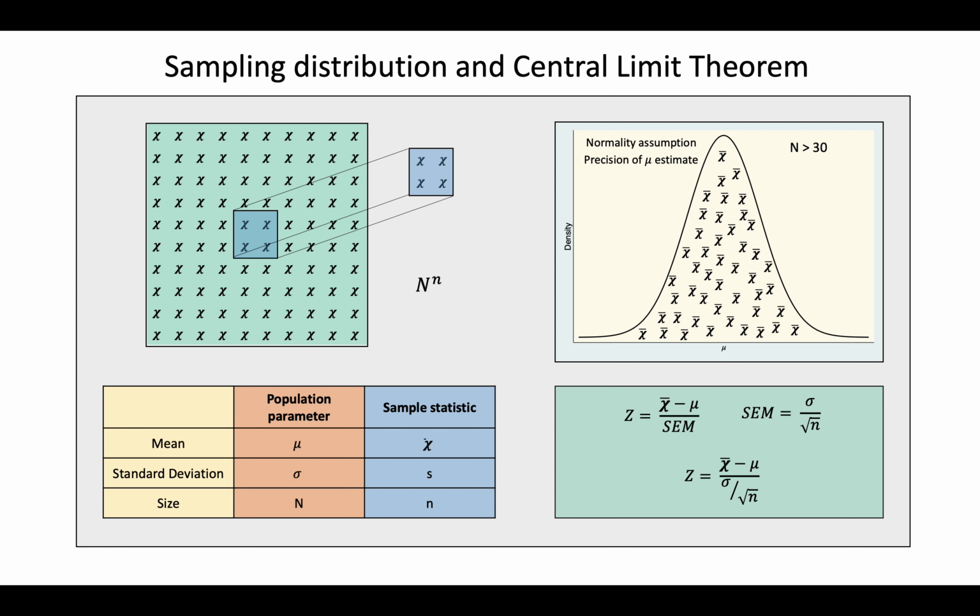There is another distribution which is called the sampling distribution, and I brought this because it's interesting to understand a little bit more the concept of the central limit theorem. Basically, this is what we are doing in clinical research. So we've got a target population here, and then we got a sampling population.